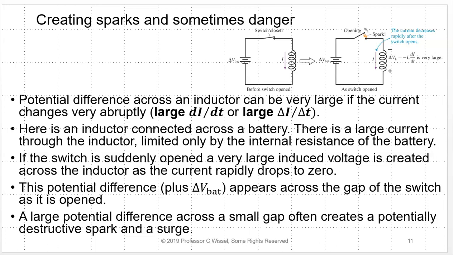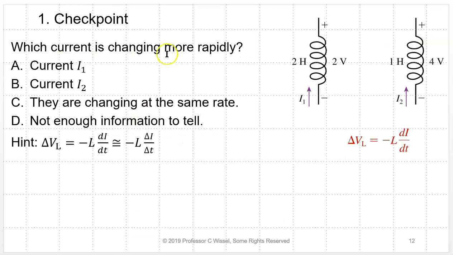Anything that's sensitive electronics should never be in the same circuit with a motor, a compressor, anything with a coil in it, anything that's going to turn on and off all the time, like a pump or a refrigerator. Okay, you've got this problem. This spark means there's a huge surge going through the circuit, and that can damage your electronics, especially over time. Okay, so which current is changing more rapidly, this one or this one?